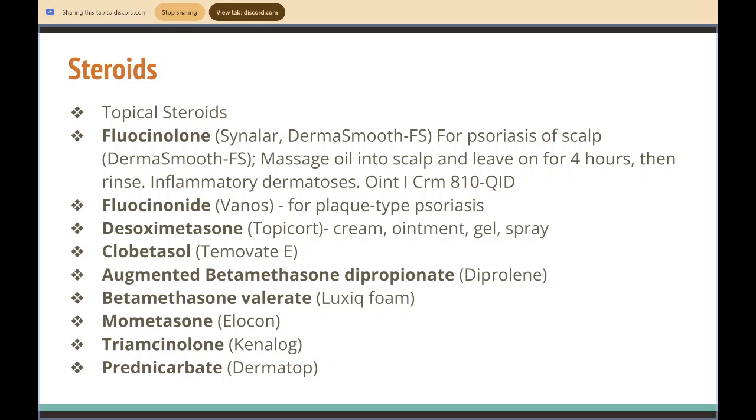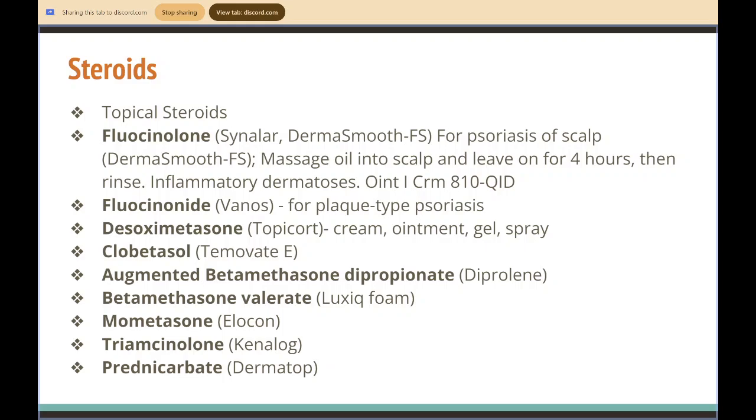For inflammatory dermatosis, there's also an ointment or a cream. Fluocinolone is going to be for flaky type psoriasis. Topicort is available in a cream, ointment, gel, and spray. Clobetasol is the most powerful steroid.